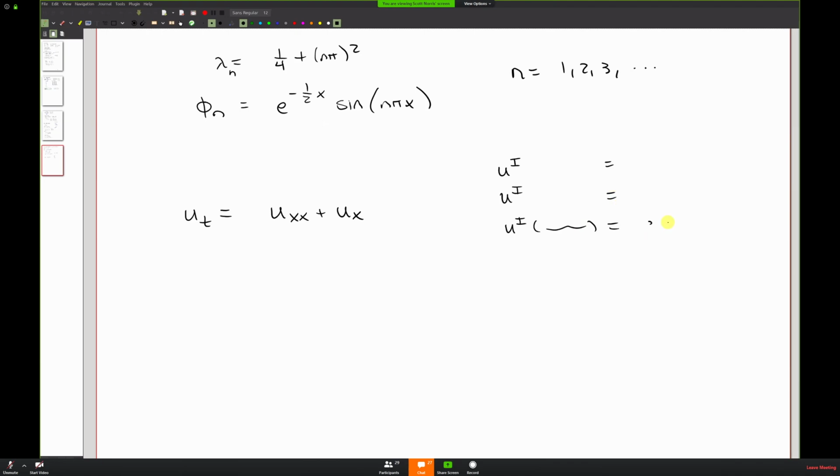It would be 0 minus u boundary of x. But what I really want to get to is that when I take the transform of this, I don't take the transform of each term and try to figure out the transform of this and the transform of that. Because the whole point, and this is just like boundary problems in chapter 3, this whole thing is the operator, and it's the transform of the operator that is minus lambda sub n u sub n.